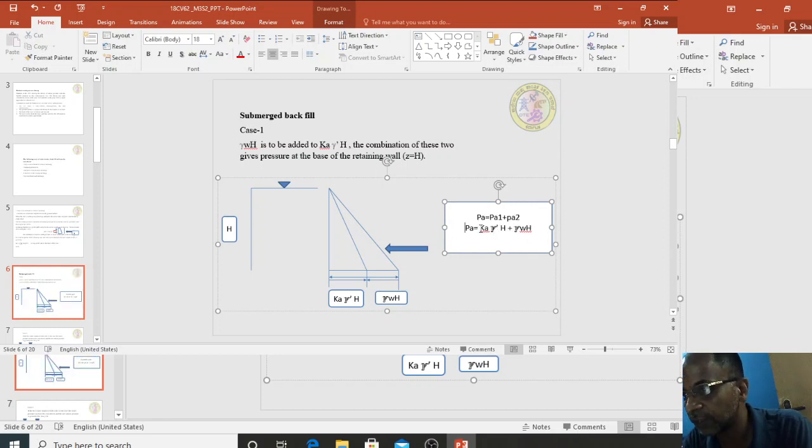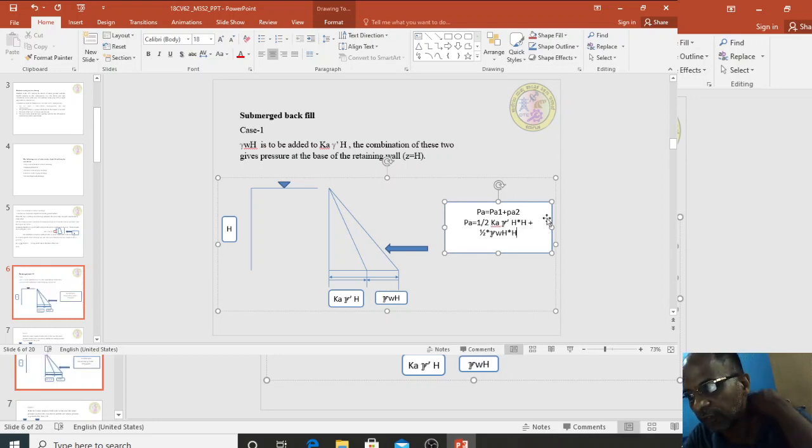If I consider Pa1, it is half into Ka into gamma dash into H into H, that is half into base into height, plus half into gamma W into H into H.